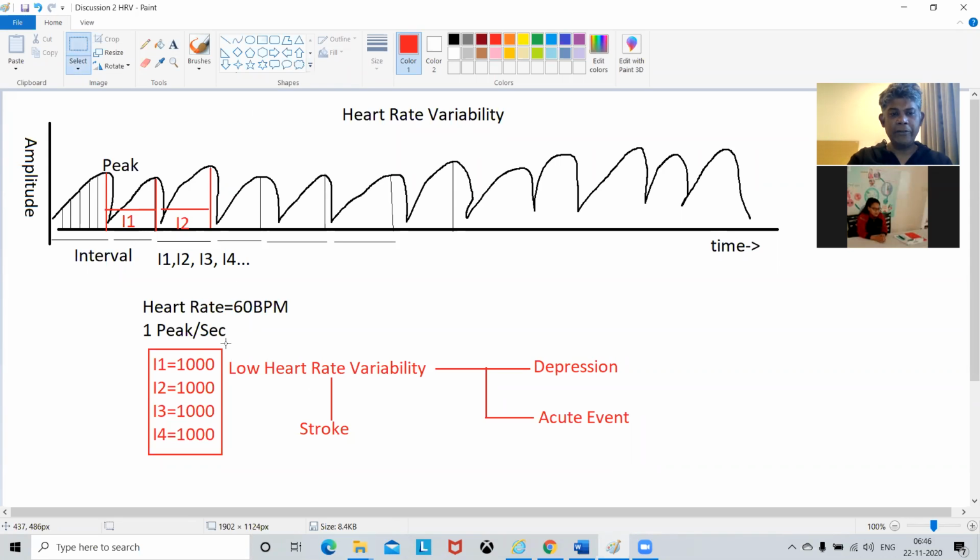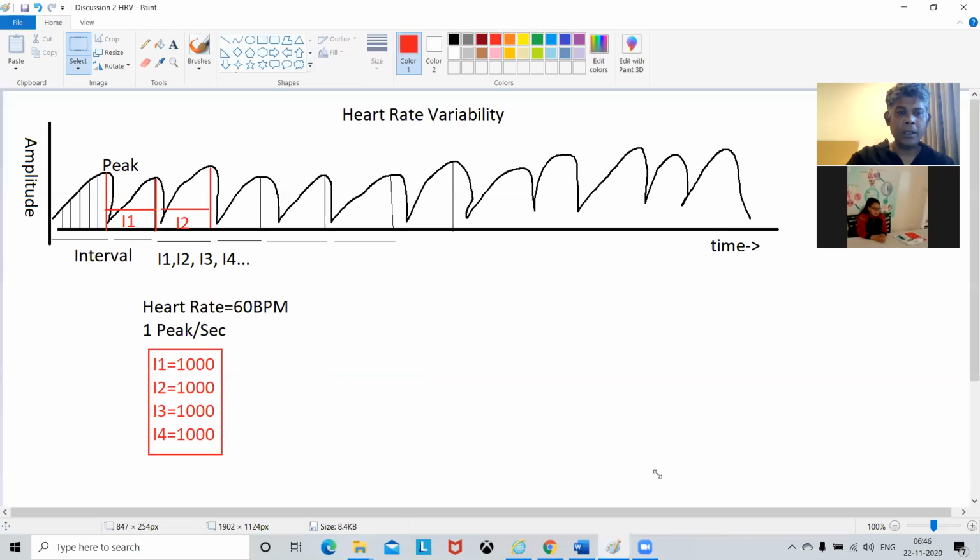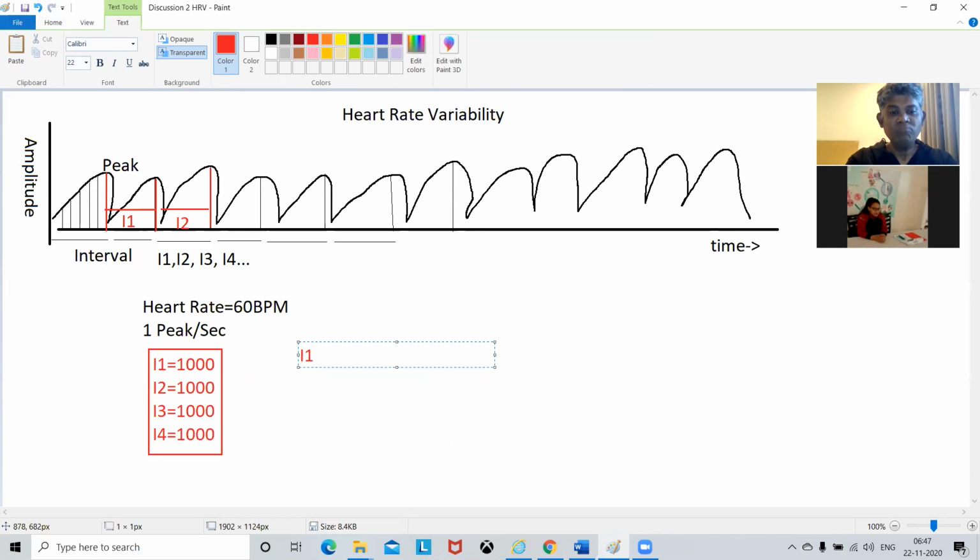What is high heart rate variability? Now, let's say in the same example, I1 is equal to 1000 milliseconds. I2 appears after 500 milliseconds.